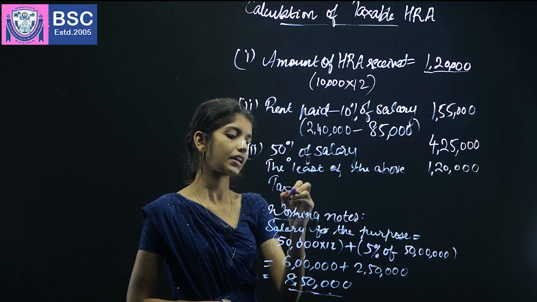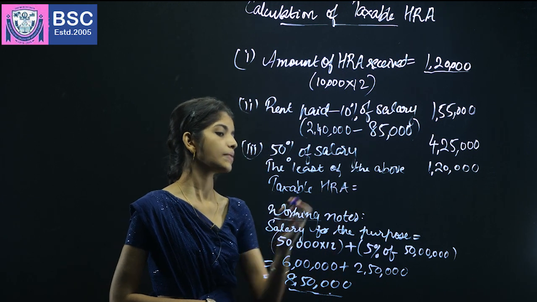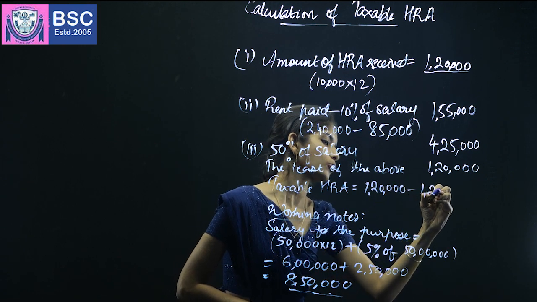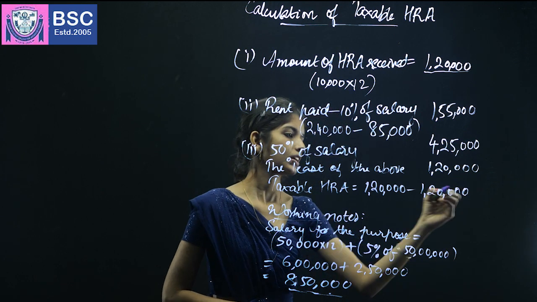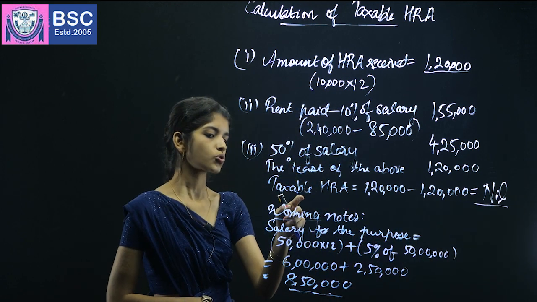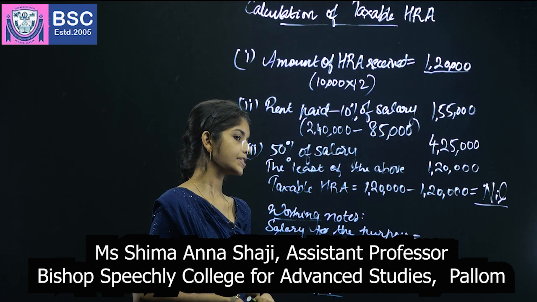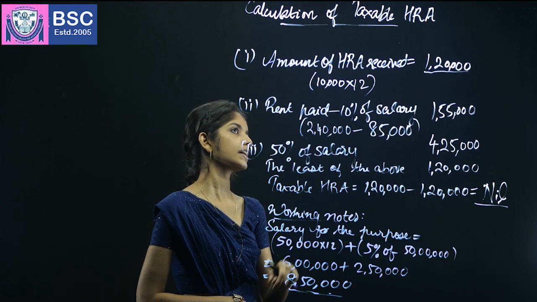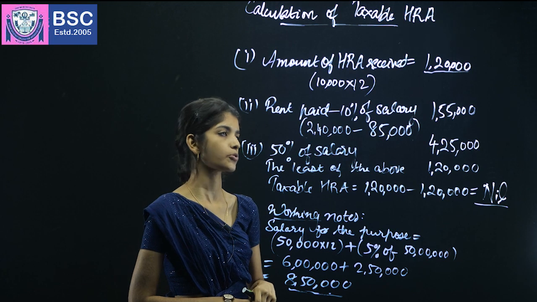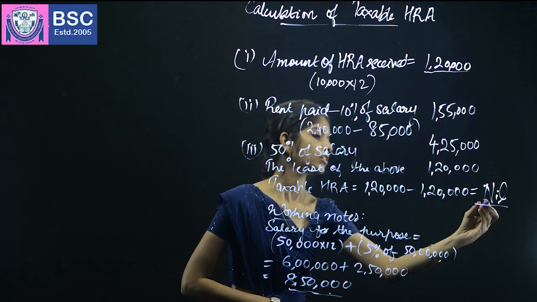So taxable HRA is equal to the amount of HRA actually received, that is 1,20,000, minus the least, 1,20,000, which is equal to nil. So the taxable HRA is nil in this case. It means the full amount of HRA you received, the amount of rupees 1,20,000, will be exempt and will not be chargeable to tax.